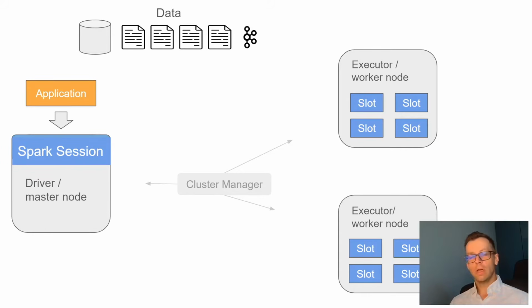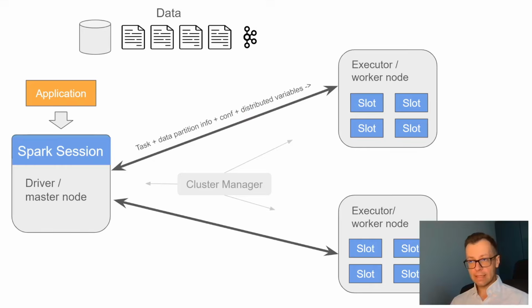Once it figures out the most efficient way of executing that application, it will split it into tasks which it will distribute to the executors. Each executor can process multiple tasks in parallel, as many tasks as it has slots for execution. And it will have as many slots for execution as it has CPU cores.